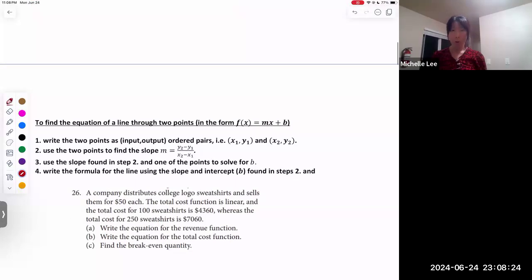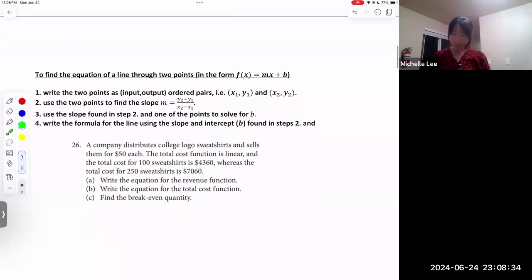We knew the ordered pairs, x sub 1, y sub 1, x sub 2, y sub 2, and we know the slope formula there. Now we knew one more thing. This is the slope, right? This is the y-intercept. Let's denote it this way.